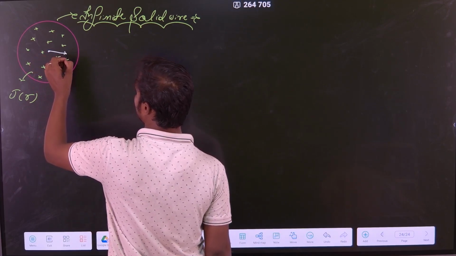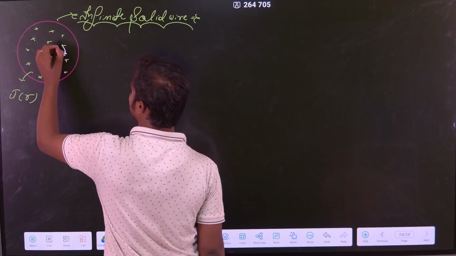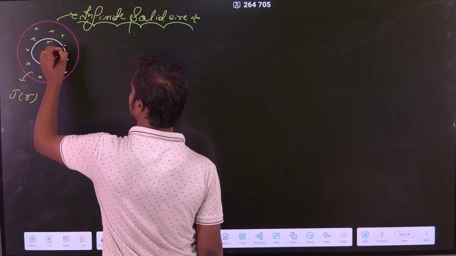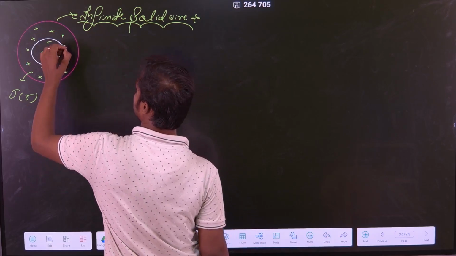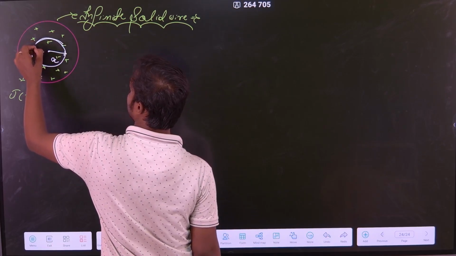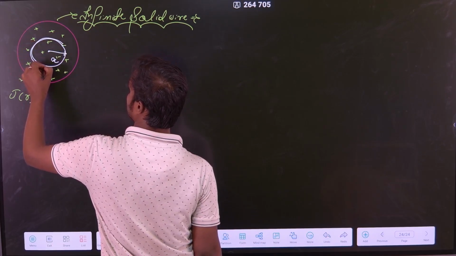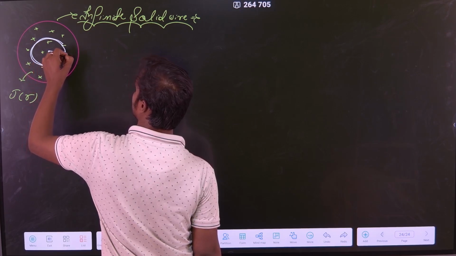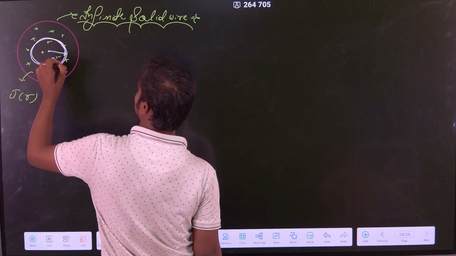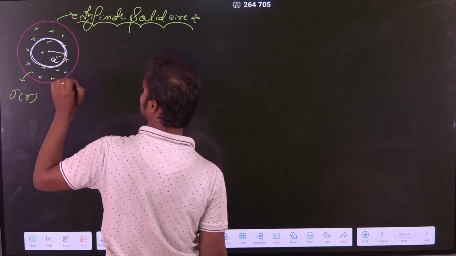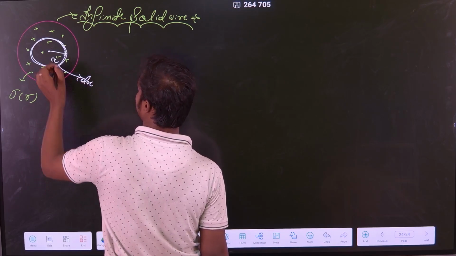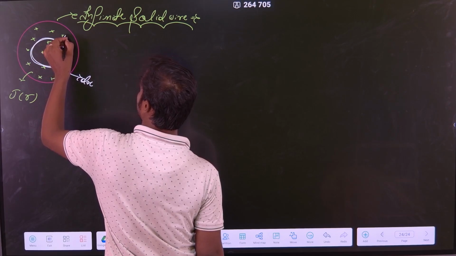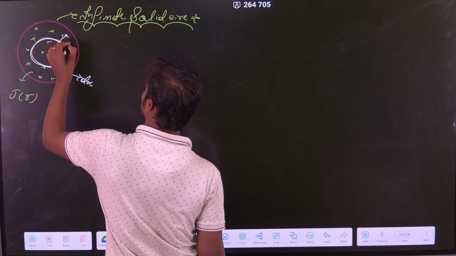What I will do, I will go to a distance x and cut a strip whose thickness is dx, and suppose at this point we want to know the field.